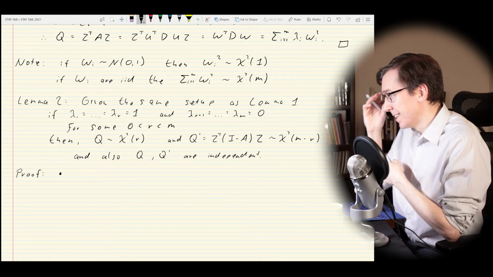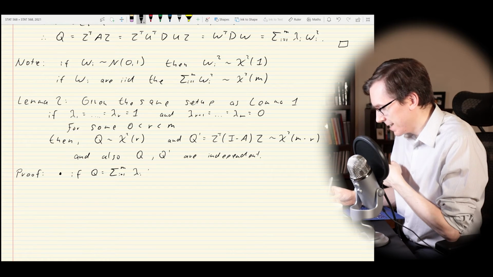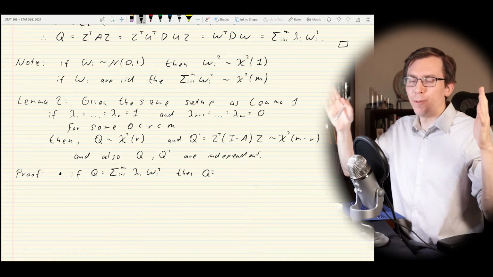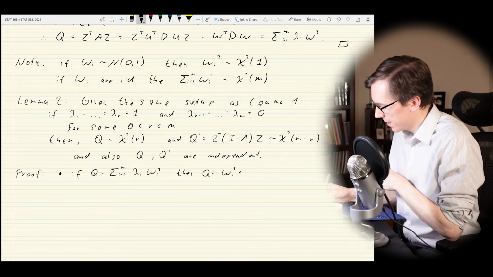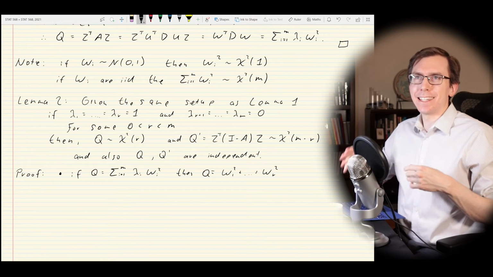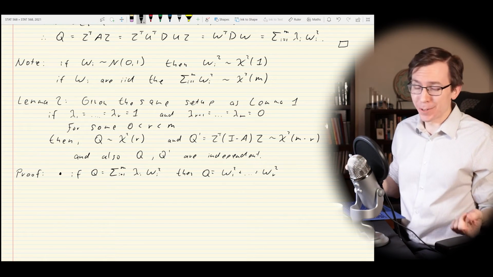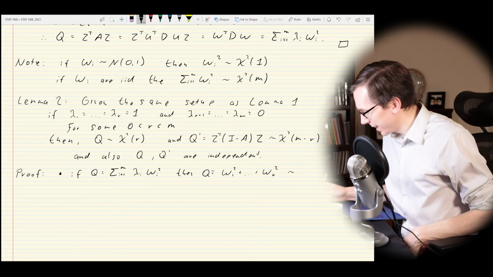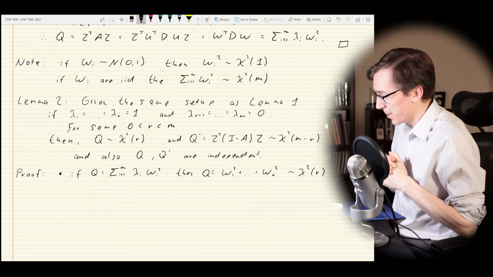Basically, the idea is that if Q is equal to the sum i from 1 to m of lambda i w_i squared, then Q in this specific case, because the first lambda i's are just 1 and the remainder are just 0, we just get w_1 squared plus through w_R squared, and noting that the sum of independent chi-squared random variables is chi-squared, and the degrees of freedom sum, and the degrees of freedom are just 1 for everything here, we get that this whole thing has a chi-squared distribution with R degrees of freedom. Okay, so that's the very first thing we had to prove.